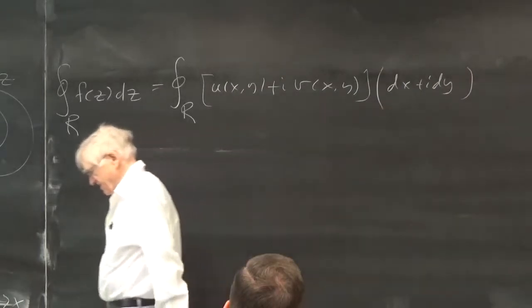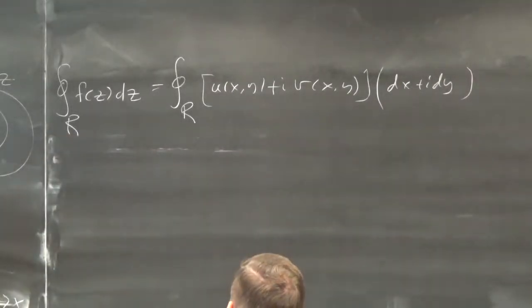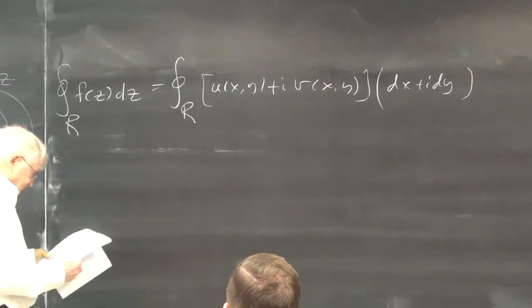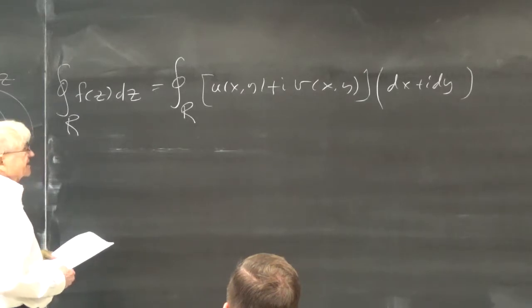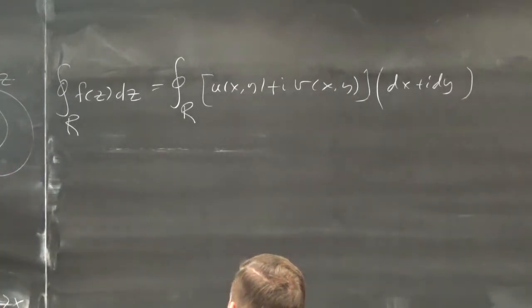So that's the nature of dz. It's the change in x plus i times the change in y. And we can separate this into these four pieces here.